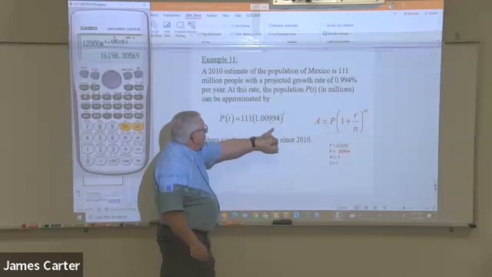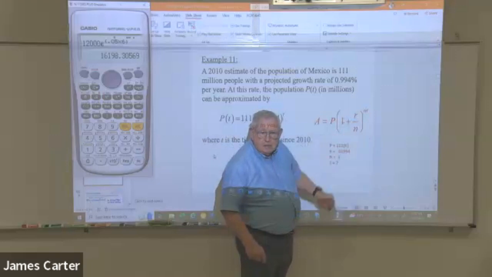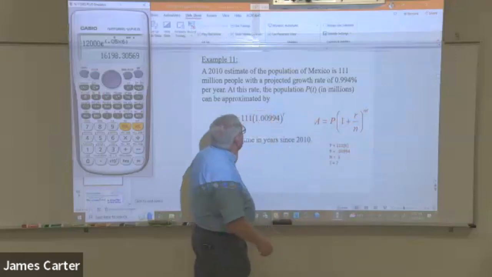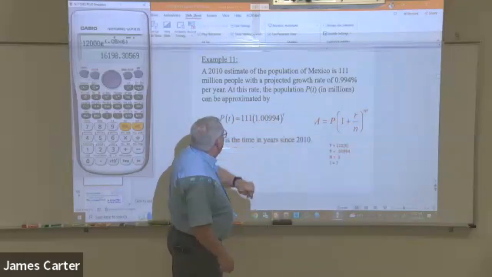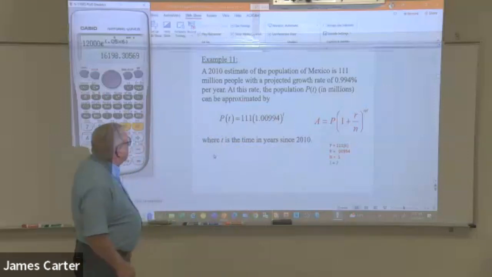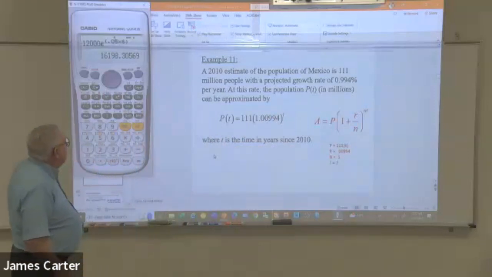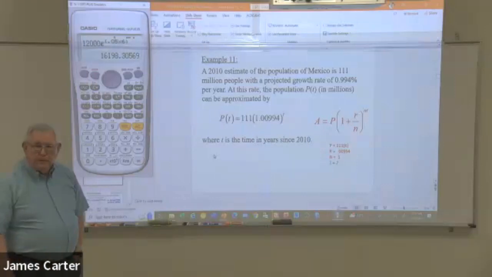This is the number derived from that. The 0.9994 and T, and in this case, they're using a 1 as the number of times that is calculated. Okay, or annually.